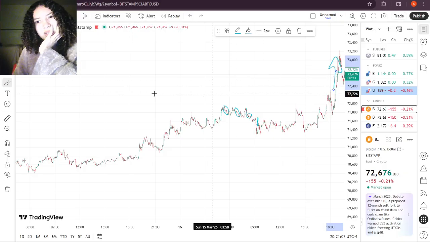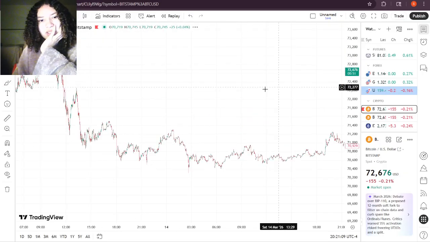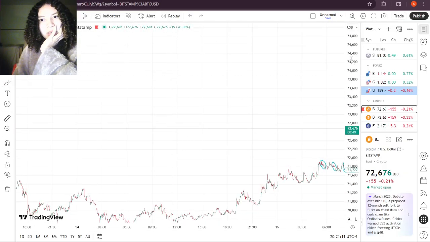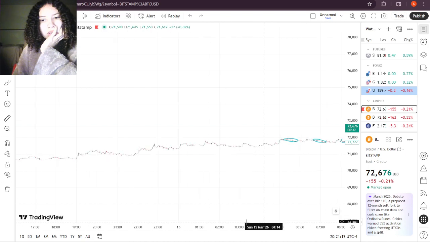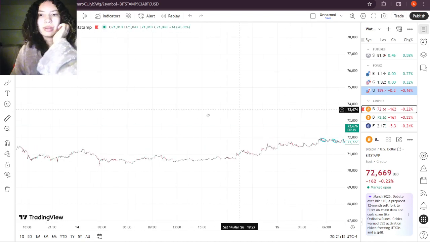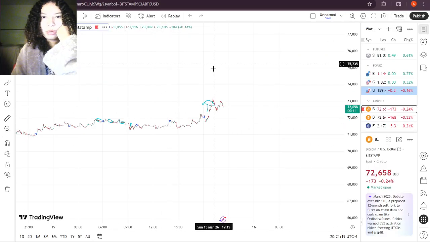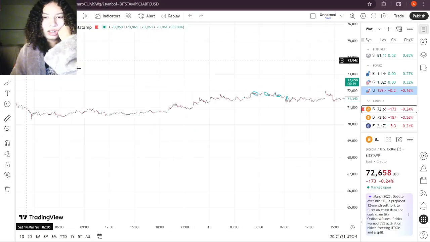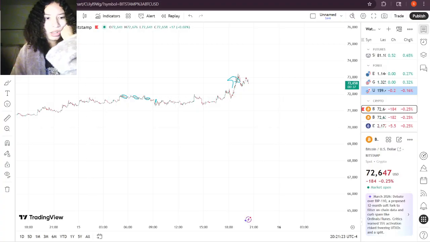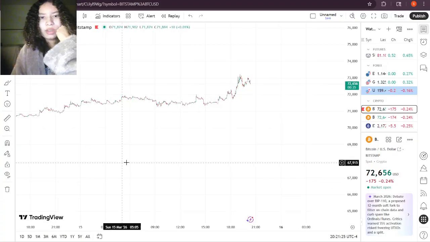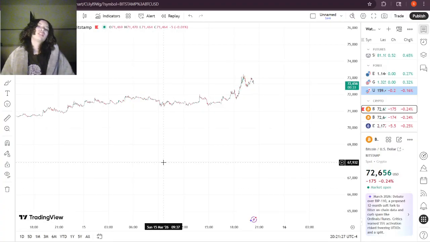Is there something ancient it's reflecting? There's this peak, and then boom, we're finally up again. The market really is a mirror. It's just really hard to see when it'll mirror things on a big scale.